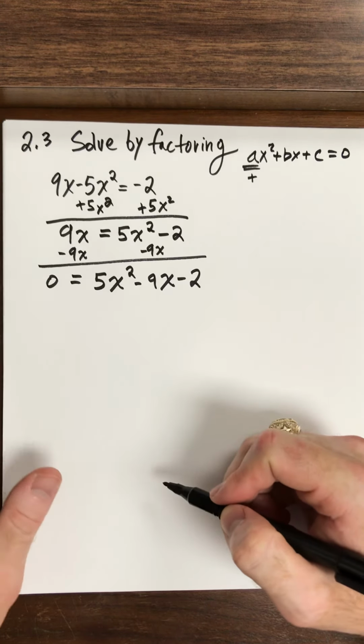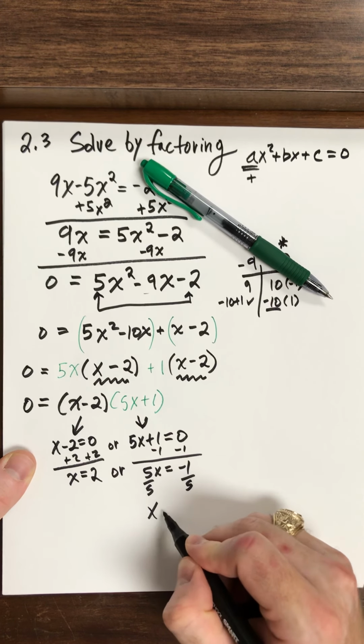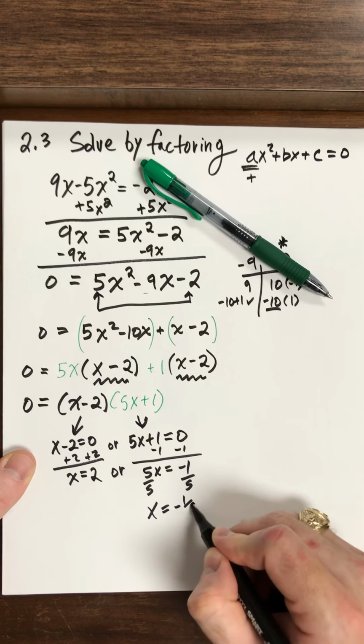Okay? So I solve each piece. Add 2, add 2. I have x equals 2. Or, now if I minus 1, I've got 5x equals negative 1. And so divide by 5, x is equal to negative 1/5. So my answer, x equals 2, or x is equal to negative 1/5.